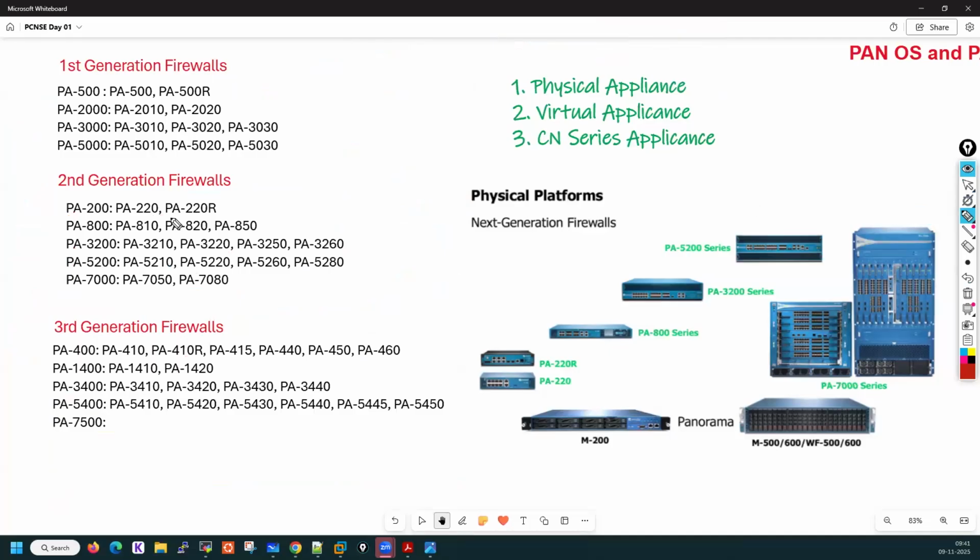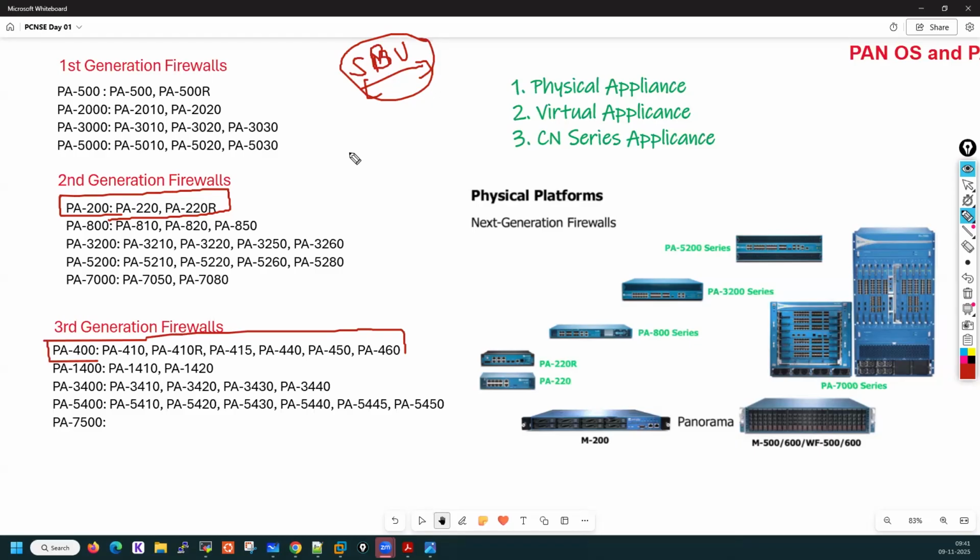Now, your PA200 series here and your PA400 series here, those hardware appliances are for small business units, small organizations, where your user count is a minimum of 50 to 100 or 150.